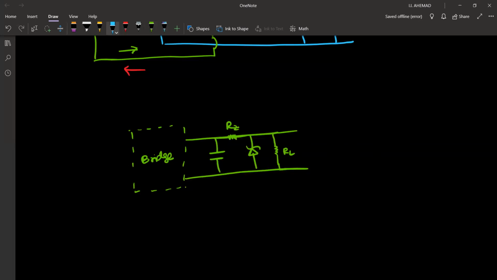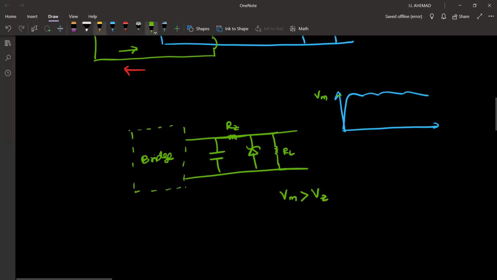Now, if our maximum voltage is above, okay, if our maximum voltage is above our Zener voltage, let's say this is Vm. If Vm is greater than Vz, that means the Zener gets activated.